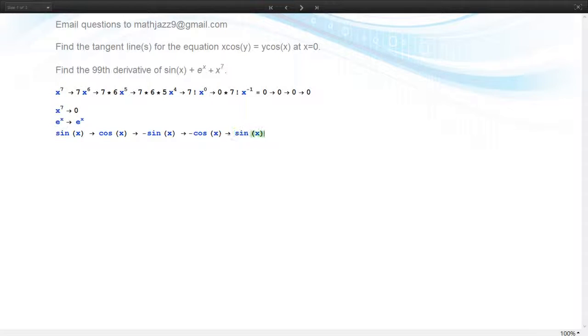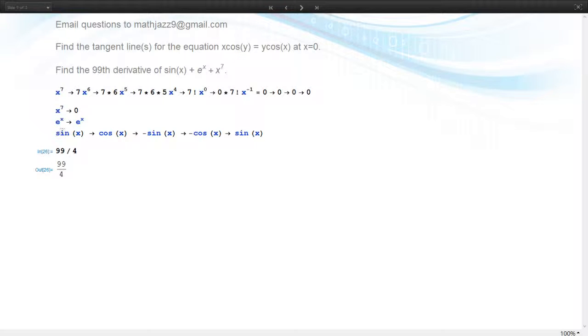So we have to figure out, what is 99 divided by 4? Well, 99 over 4 is going to be 24 3/4. Or, in other words, we will cycle 24 times between all of our derivatives and then go 3 steps further.